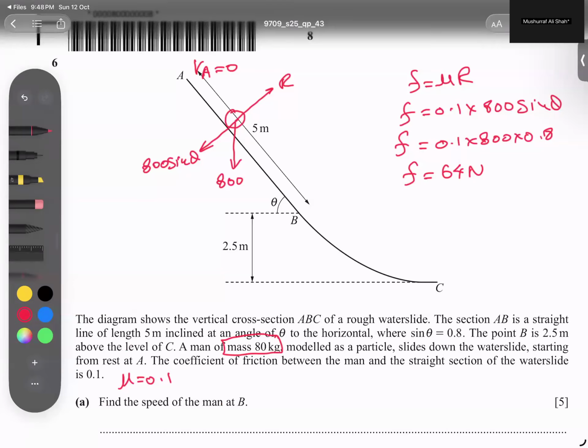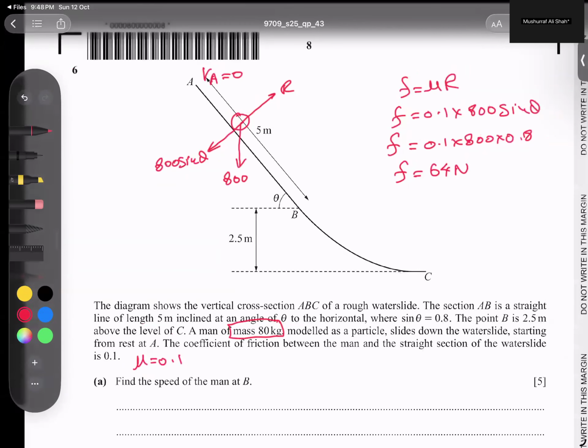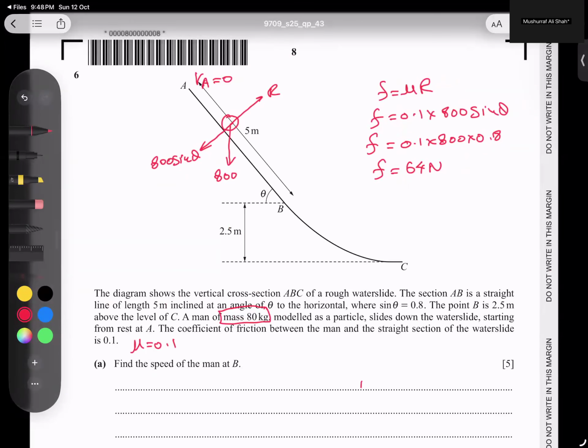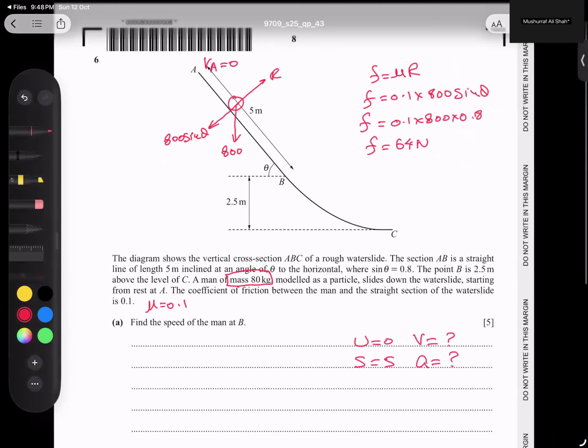Now, what is the formula? Because we need to find out the speed just reaching. If we apply Newton law technique, u is 0, v is the job to find, and distance is 5 meters. And if I get acceleration, question will be over, inshallah. So how to get it? When the particle is traveling downwards, have a look.